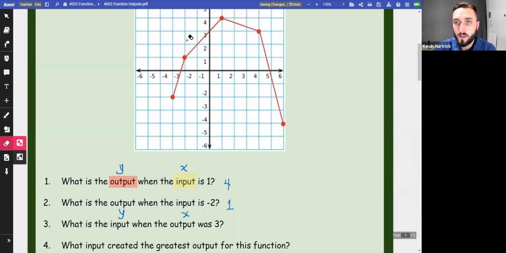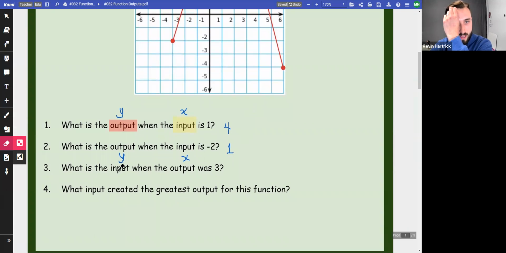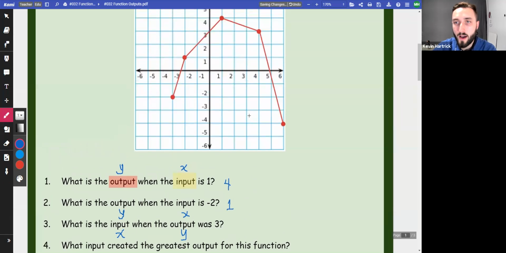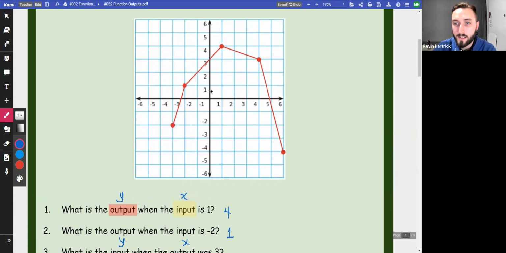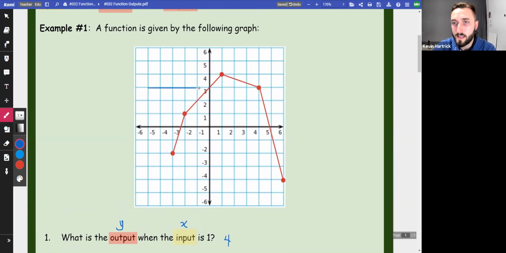All right, let's look at number 3. What is the input? Now they're looking for the X value when the output is 3. So I'm looking for a Y value of 3 on my vertical axis. I'm noticing the graph crosses Y equals 3 at 2 spots, so I actually have 2 answers for this.